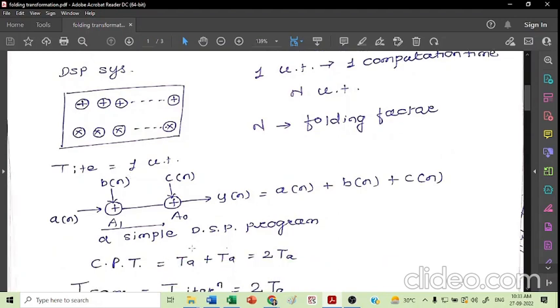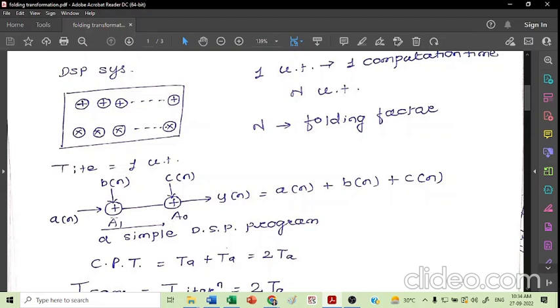Now let us consider a simple DSP program. y of n is equal to a of n plus b of n plus c of n. Now here we require two adders to add a plus b and b plus c. Now this is the first adder and this is the second adder.